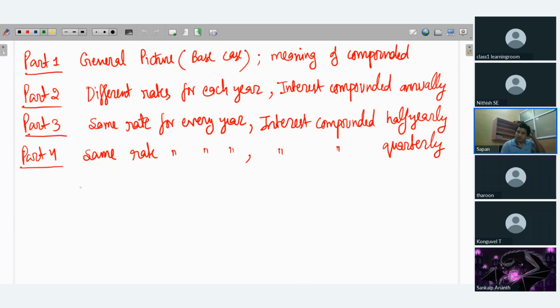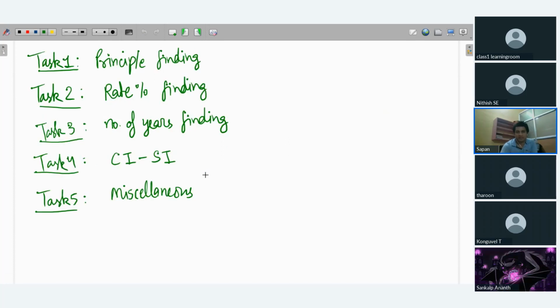So in the last two classes, you saw the first 50% of compound interest. Today and tomorrow's class, you will see the last 50% of it. It is divided into two major things: first, these four parts, and next, these five tasks.